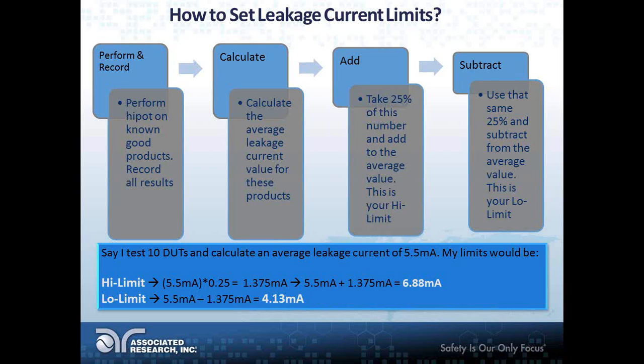And if it's exceeding the high limit, then you know something is not right with the product's insulation, and it's leaking more current than your high limit. You need to go back and look at the insulation, or look at the design, and improve upon the product. So high and low limits are very important for those who are very strict with their leakage current limits.